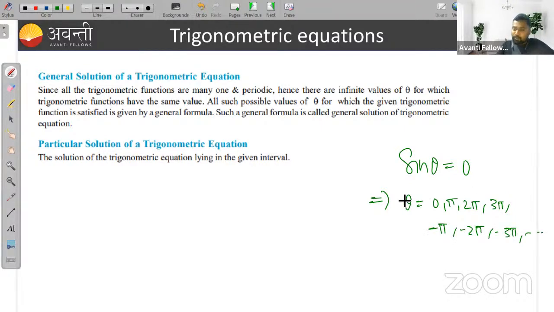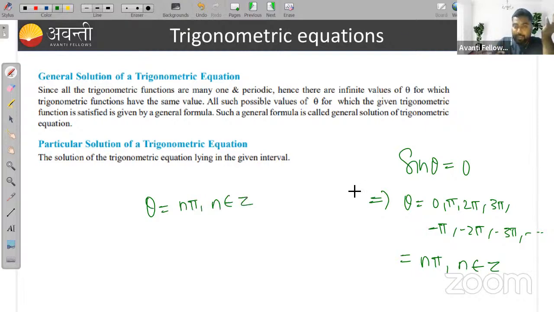So in general we can write all these values as n pi, where n belongs to the set of integers. For all integral multiples of pi, theta is equal to n pi, n belongs to Z. That means an integral multiple of pi is the solution of this equation sin theta is equal to 0. Is it clear? So this is the general solution.